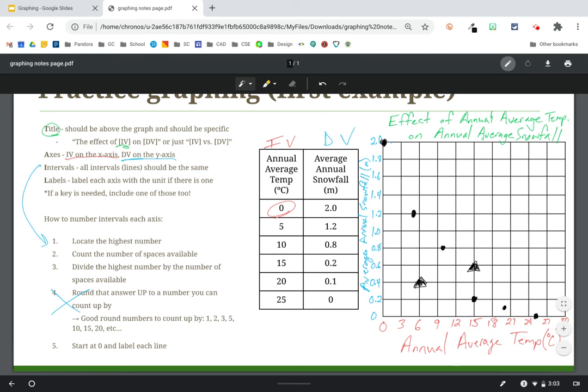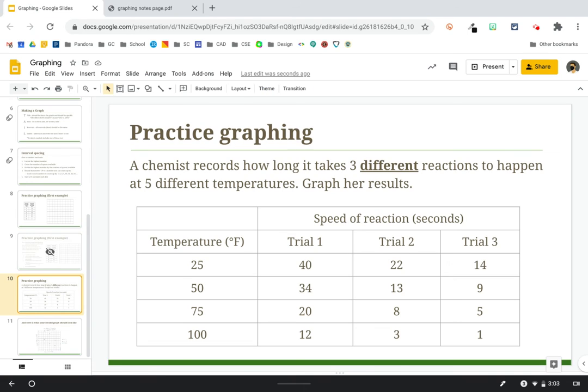Or you could make squares or open circles. So just making sure that if someone was looking, they would see the difference between different data points that belong to different trials or series. So at this point, you should pause your video, try to graph this, and then unpause it to check.